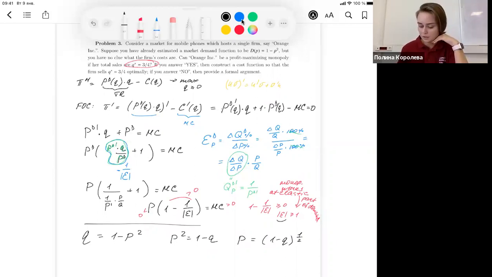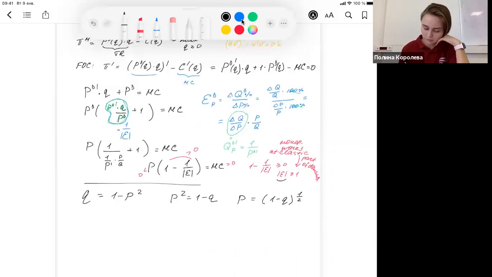Agree? So then what else do we need? For elasticity, once more, elasticity equals 1 over price prime multiplied by price over quantity. Yes, we need the derivative. Okay, let's do it here.